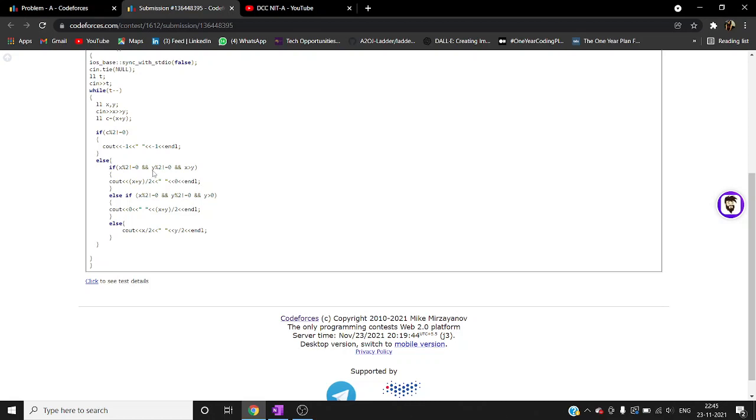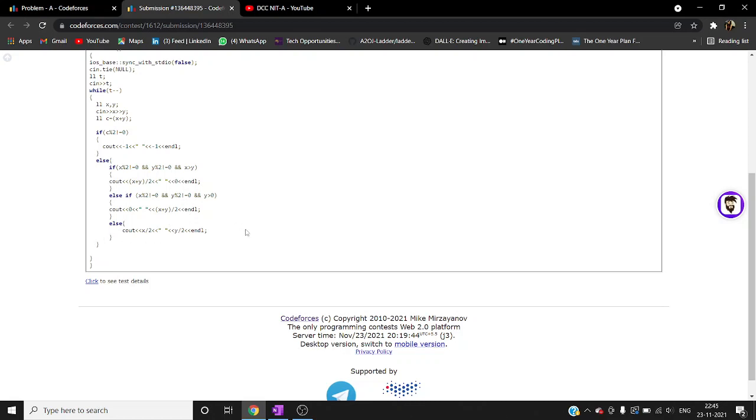If C is not odd, we have three conditions. As I said, if both the coordinates are odd but x is greater than y, in that case we're going to print x plus y by 2 as the x coordinate of C, and the y coordinate of C is going to be 0. In the next condition, if both are odd but y is greater than x, the x coordinate of C is going to be 0, and the y coordinate of C is going to be x plus y by 2.